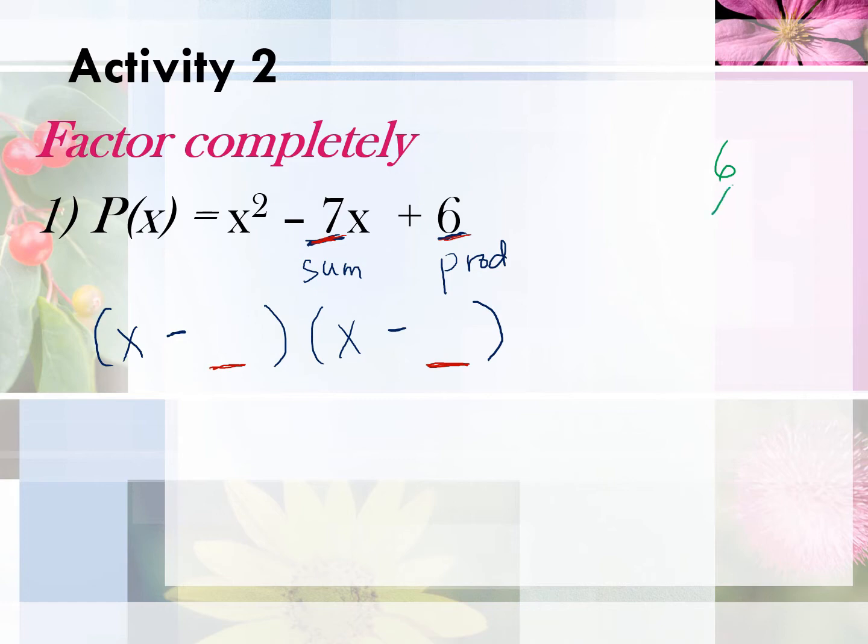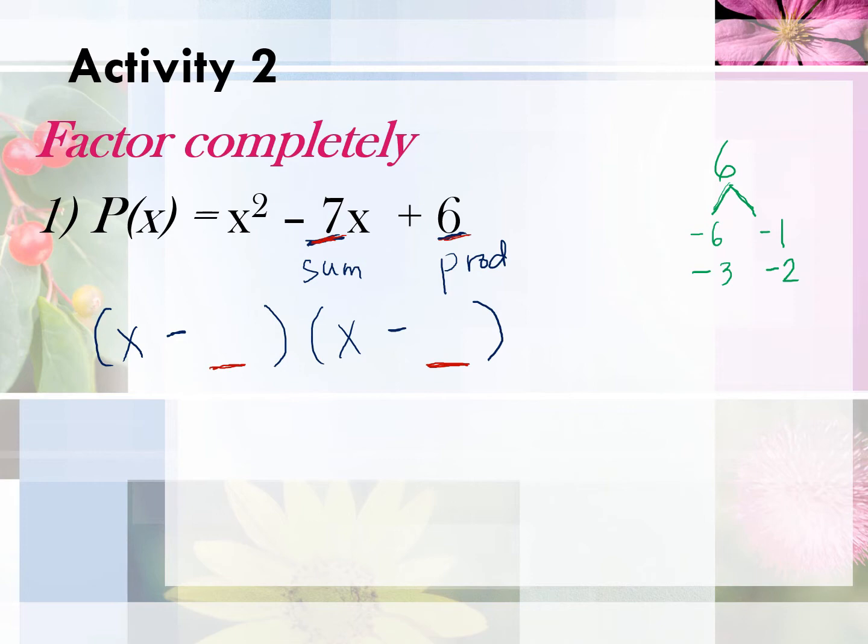Mag-isip tayo ng dalawang number na negative kapag minultiply natin, ang magiging sagot ay positive 6. So, ano yun? We have negative 6 at saka negative 1, negative 3 at saka negative 2.